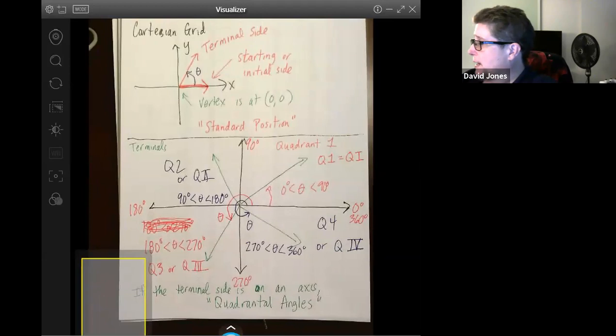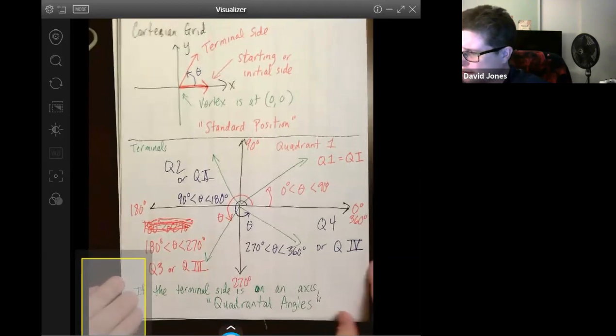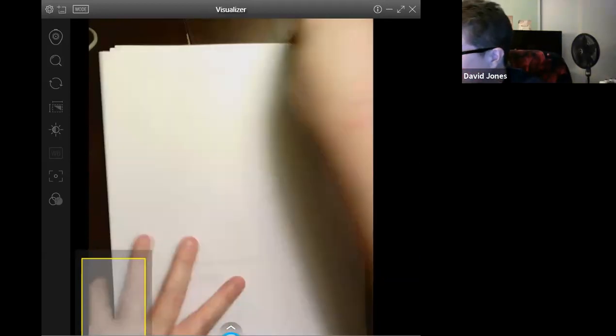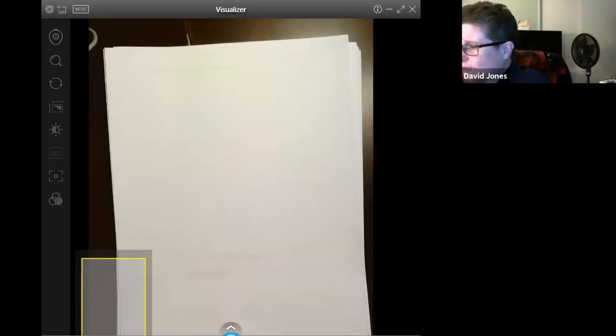Okay. Pause for a second, let you write that out. Okay. So all multiples of 90 degrees are quadrantal angles.